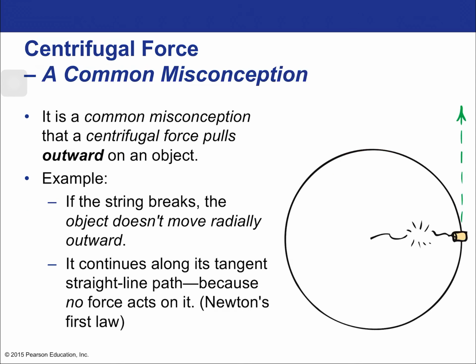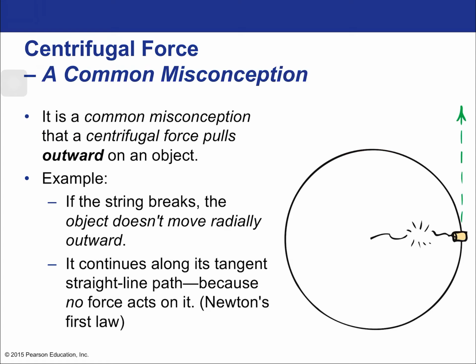Okay. So, common misconception. It is a common misconception that a centrifugal force pulls outward an object, that it is a true external force and not just a perceived apparent force. Well, example. If the string breaks in the can that we considered a few slides back, that was being rotated due to a true, real centripetal force that was created by tension, well, if the string breaks, the object doesn't move outward.